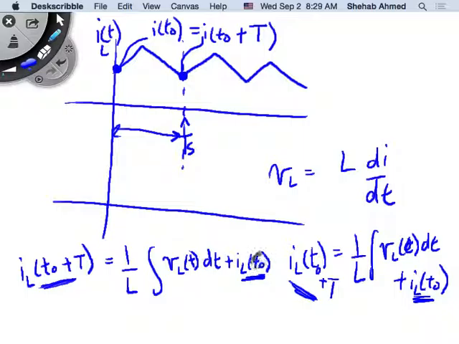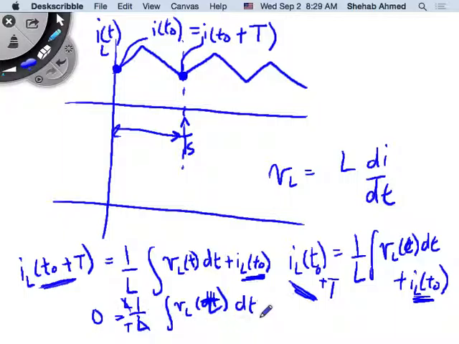So if I bring this from the right-hand side to the left-hand side, I will have this equation equal to 0, right? So 1 over L integration of VL of t dt is equal to 0, right? And if I multiply both sides by L over T, then I'm left with 0 equal to 1 over T integration of VL of t dt, right?